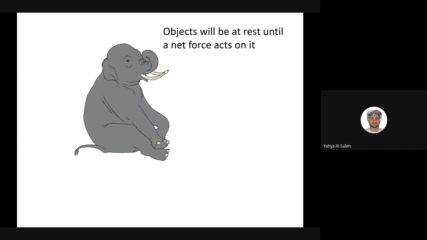Now, objects tend to be at rest. Objects will be at rest until a net force acts on it. As long as the net force is 0, notice that I'm not saying force is 0, I'm saying net force is 0, nothing will happen.